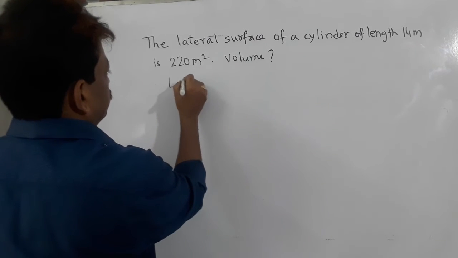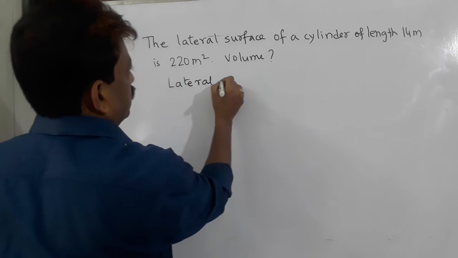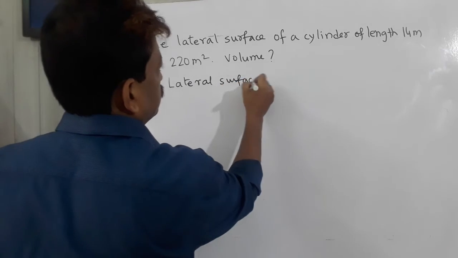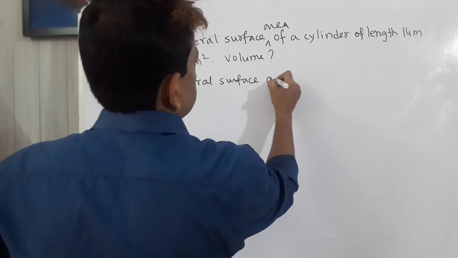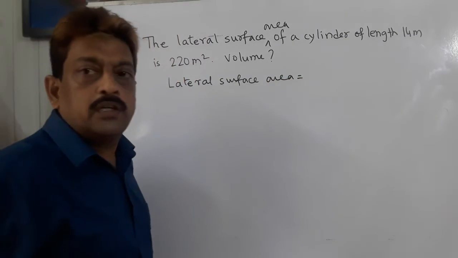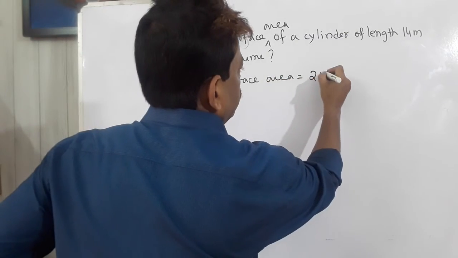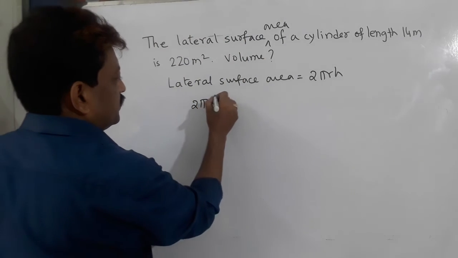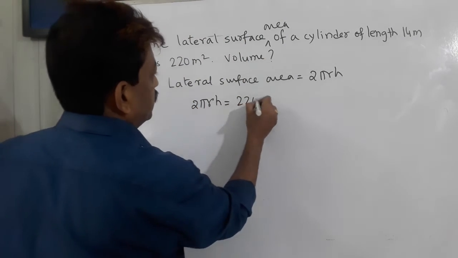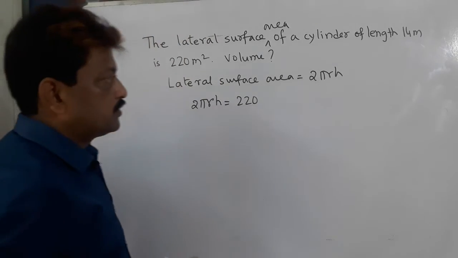What is the formula for lateral surface area? It is the curved surface area of cylinder, so it is 2 pi r h. Now 2 pi r h equals 220. It is given in the question.